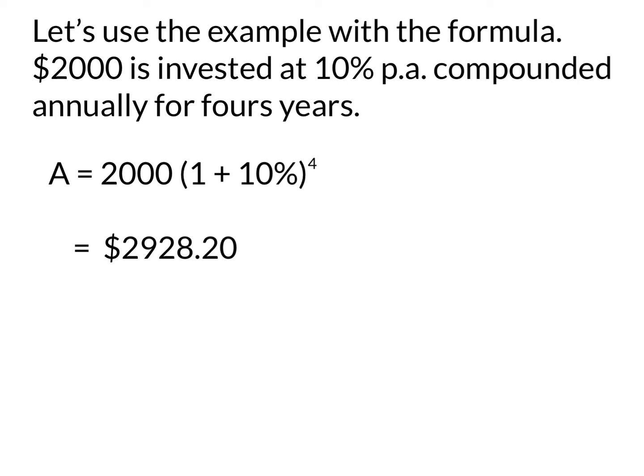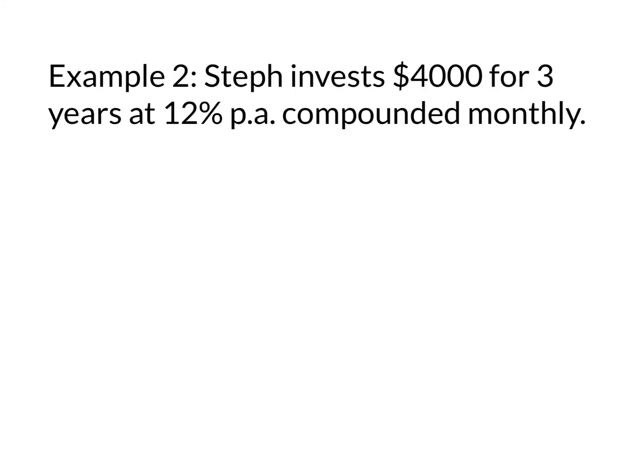So 10% is per annum or yearly, and we've got 4 years. So let's put that into our formula. So we get 2,000 times 1 plus the 10% to the power of 4, and it gets us the exact same amount, $2,928.20.